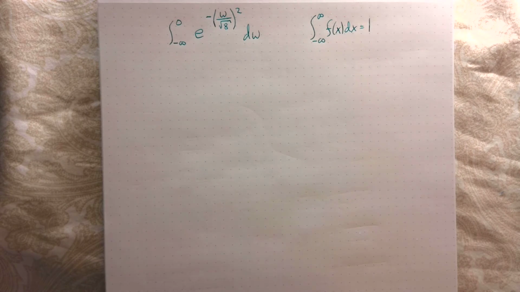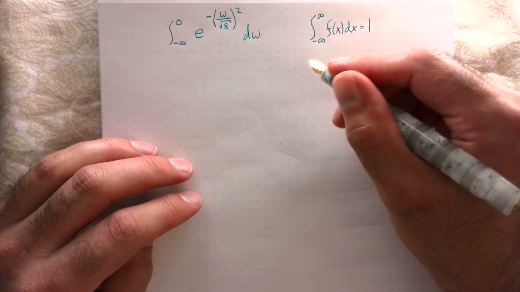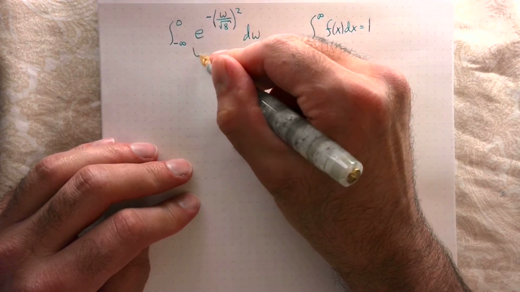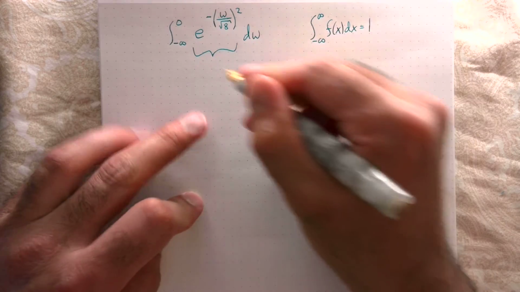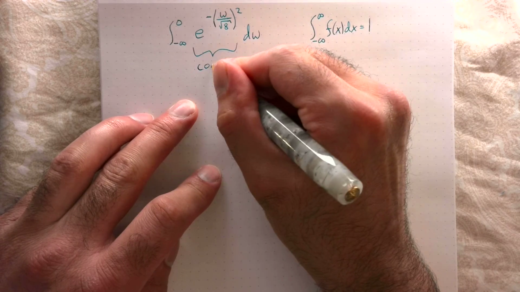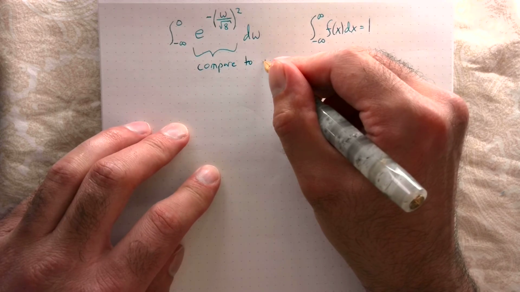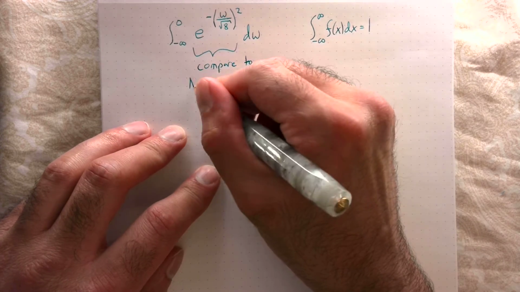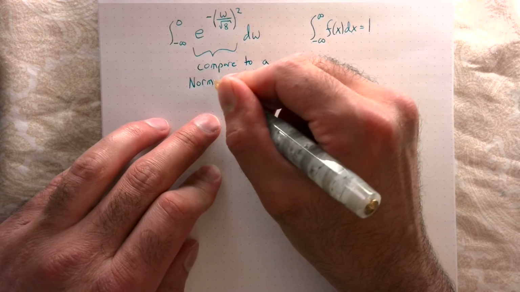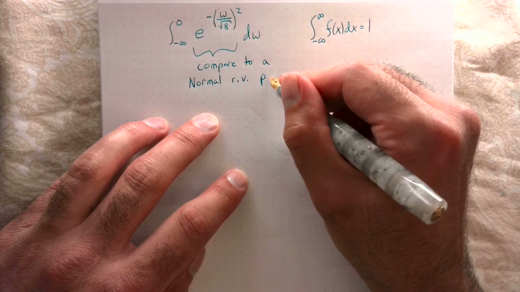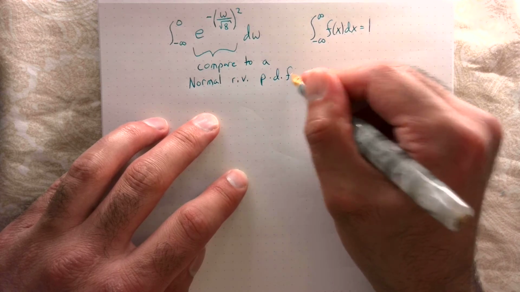Anyways, just like in the previous two problems, we want to compare the inside of this to normal random variables' probability density function.